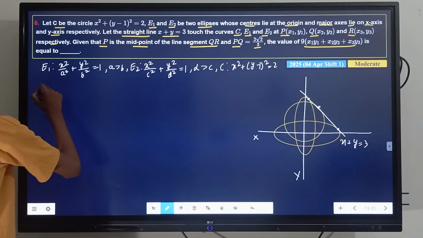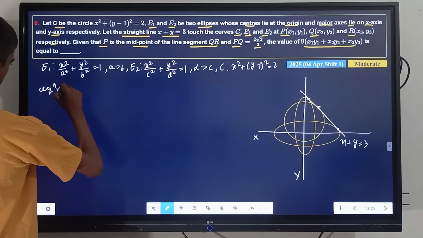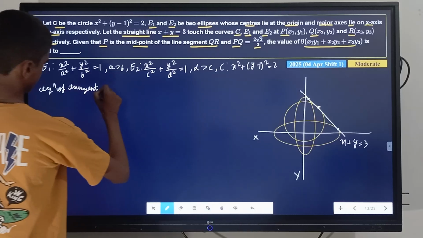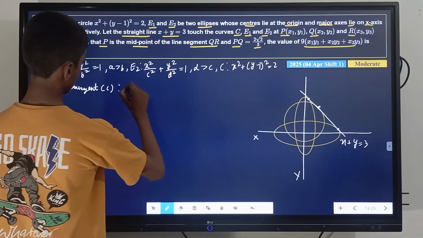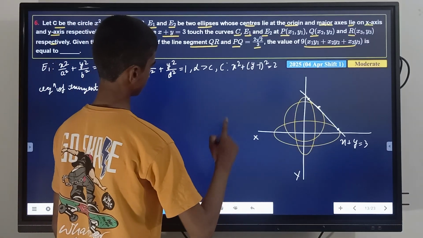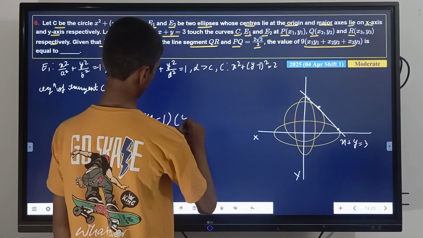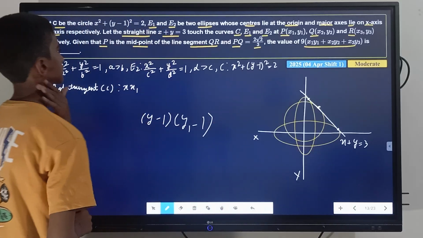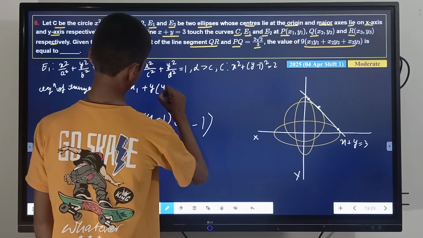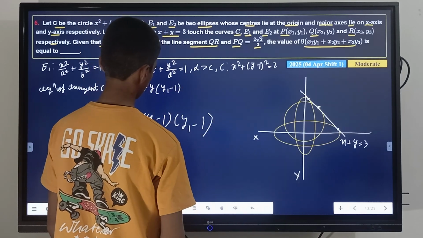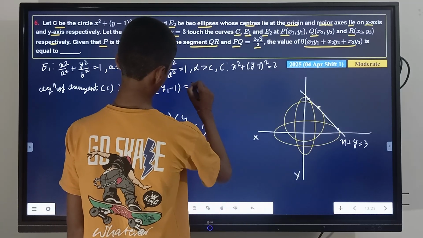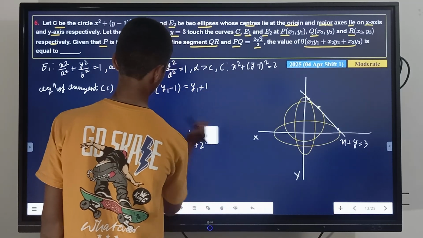Now the equation of tangent of circle C will be x x1 plus y minus 1 into y1 minus 1 is equal to 4. There we will have x x1 plus y into y1 minus 1 is equal to y1 plus 2.